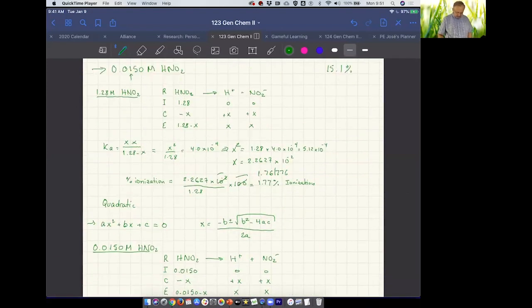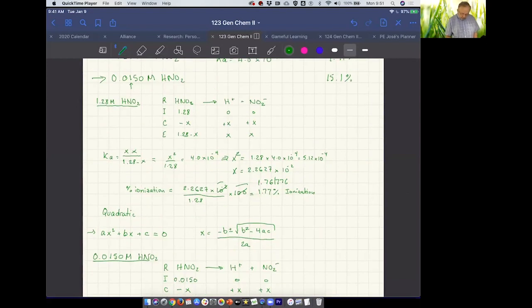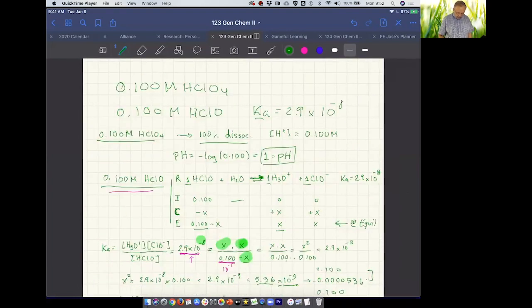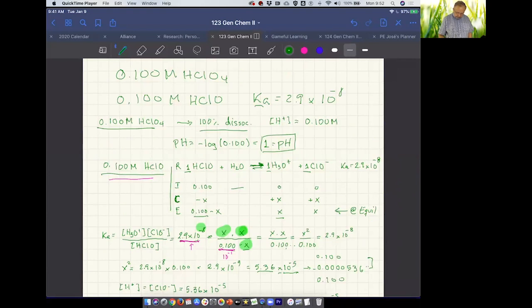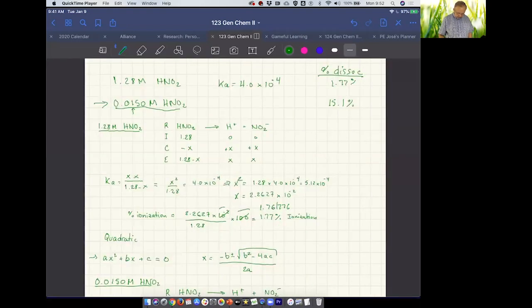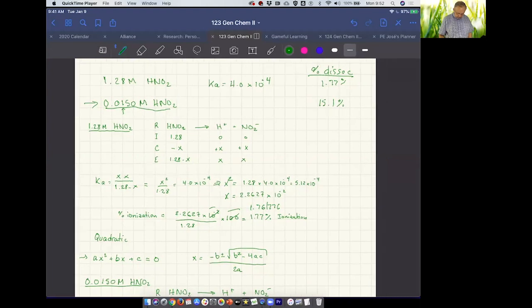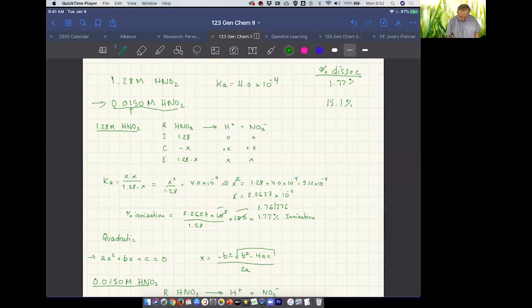Okay, great. So we found out that for the 0.150 molar solution, we needed to go through a quadratic equation, while for the more concentrated solution, we did not. This first part did not require us to do the quadratic equation.